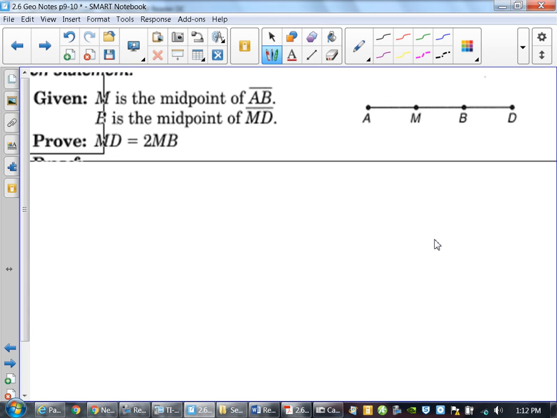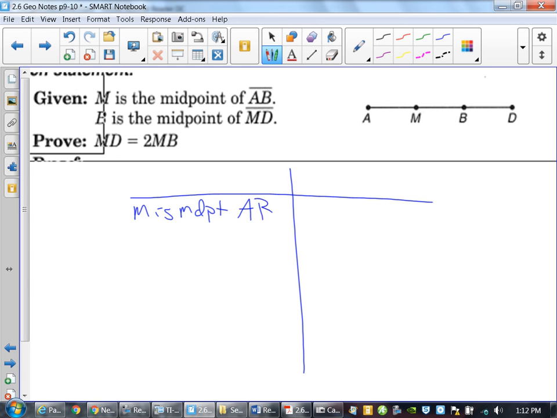According to your progression, what's the first thing you would write down after you're given a midpoint? Segment equals segment. Good. So we start with our given. M is midpoint of AB.